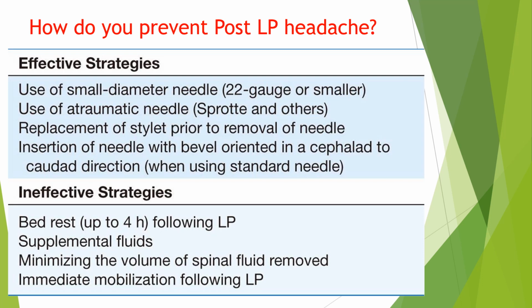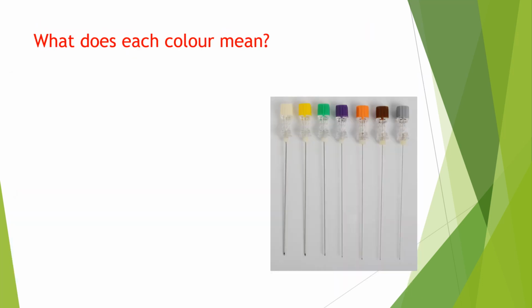Insert the needle with bevel oriented in a cephalad to caudal direction when using a standard needle. The strategies which were employed earlier but found to be ineffective are bed rest, supplemental fluids, taking minimal amount of spinal fluid, and immediate mobilization following lumbar puncture. They are found to be ineffective.